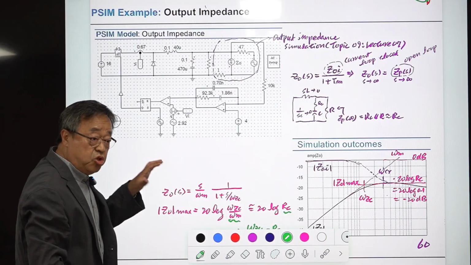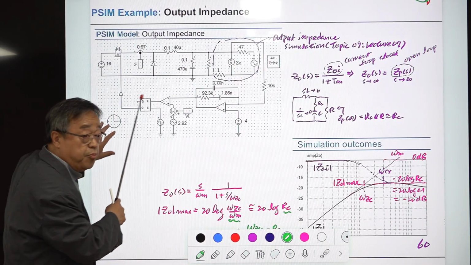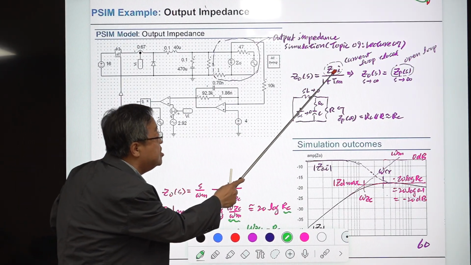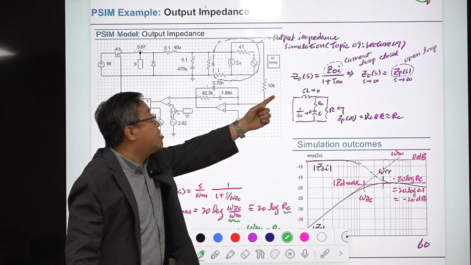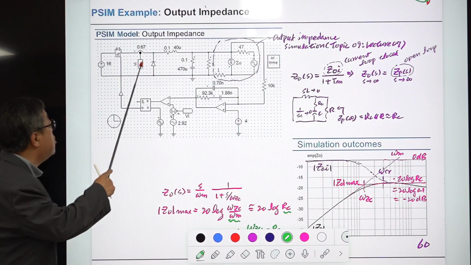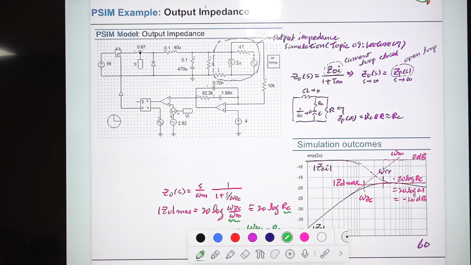When you are thinking about GP, this current loop was not existing. Without the current loop, it becomes GP, but with this current loop closed, it's something different because there is an internal loop here. This VI is connected here.